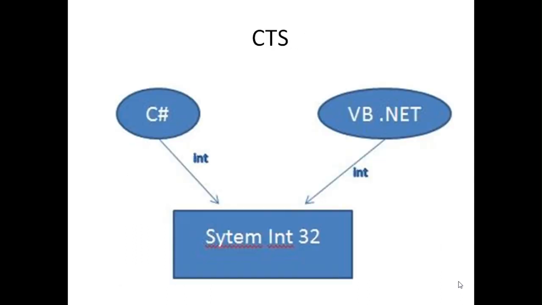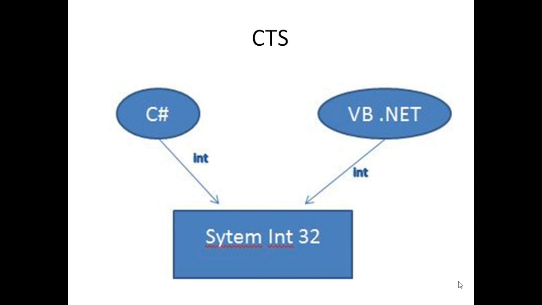Then we have the CTS, Common Type System. As the name says, it is the common type system. Type means the data type we are going to use for a variable, that is integer or float, any kind of data type we can use. In C# you use the int data type, and in VB.NET you use Integer.